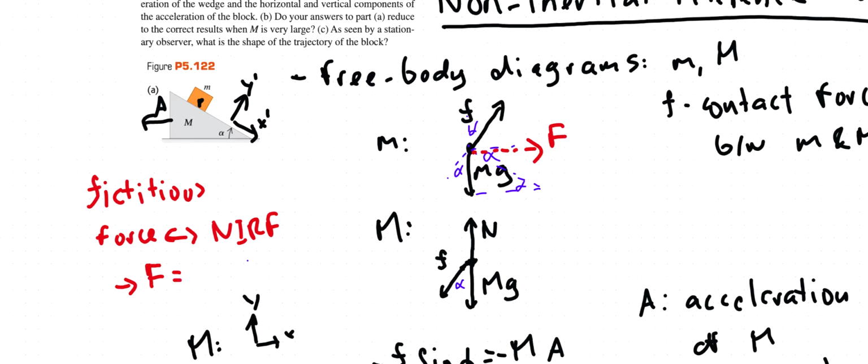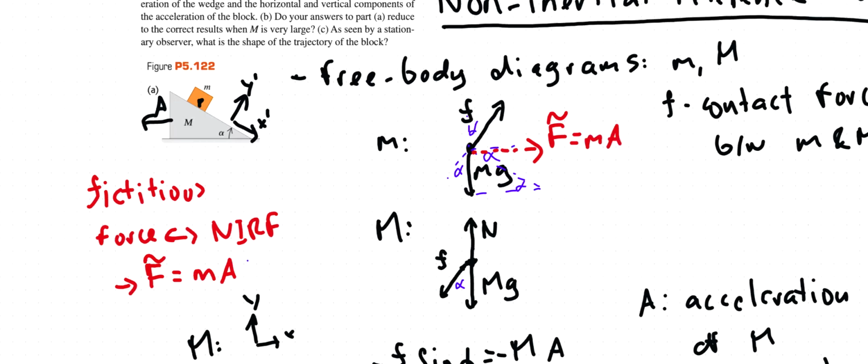It's acting to the right, and it's minus m times A. It's not a real force. It's fictitious, so let me put a tilde on top to indicate that it's somehow different. I feel a little bit strange using the F for force here because it's fictitious, and F is usually the variable that we use for force. Let me also emphasize that this fictitious force has to be of magnitude m times A.